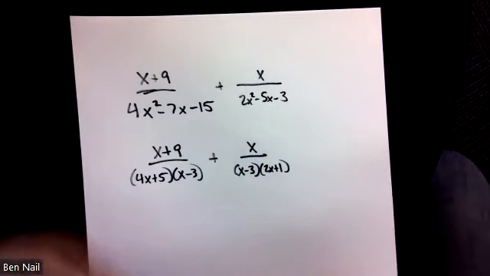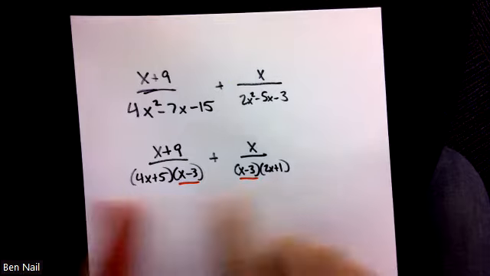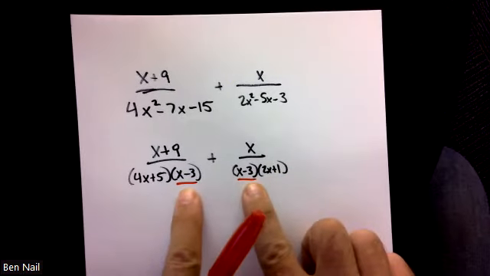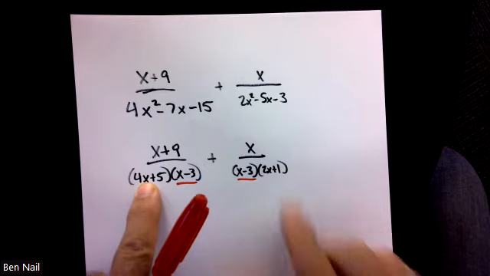So when it comes to getting a common denominator, we've got an x minus 3. We've got an x minus 3. I don't need to add anything to those. That's already here on the same side. But this 4x plus 5, I don't have one of those here.